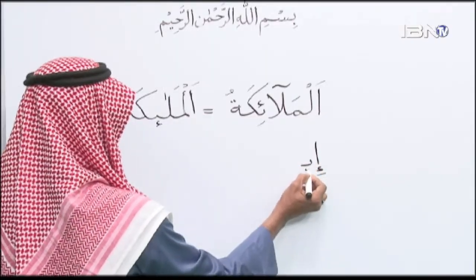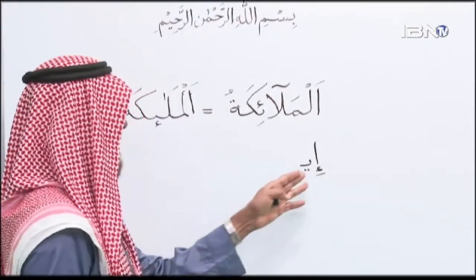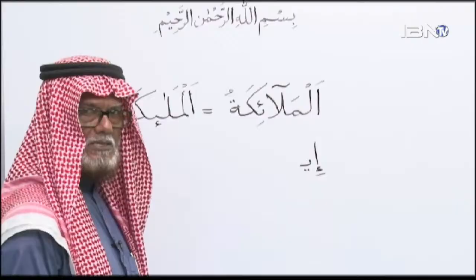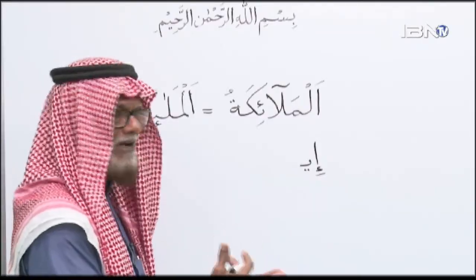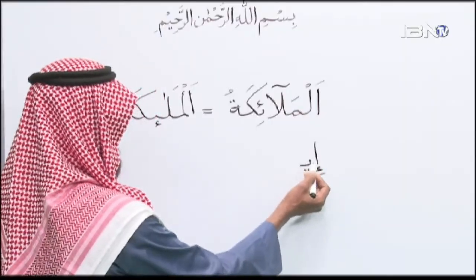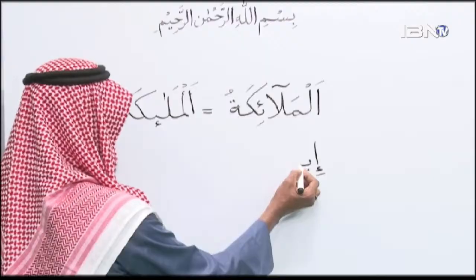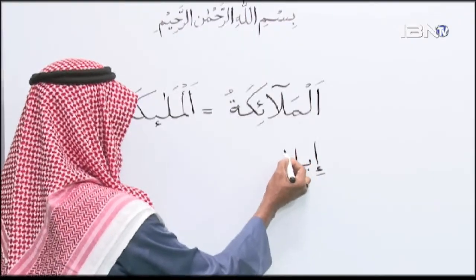Okay? And of course I hope you can remember that Alif is one of the letters that does not allow attachment to any letter coming afterwards. Hence the reason the Ya is not attached to the Alif. All right? So we have Ee, and then we have La.